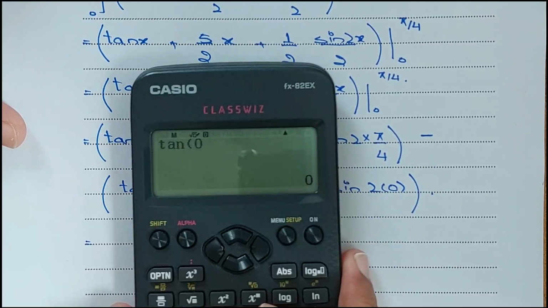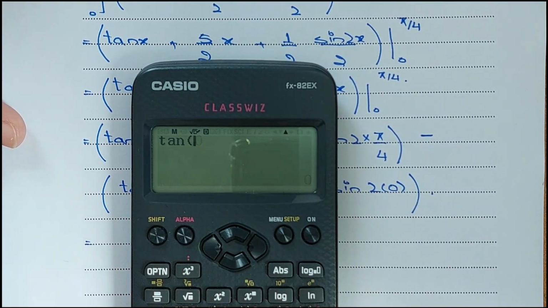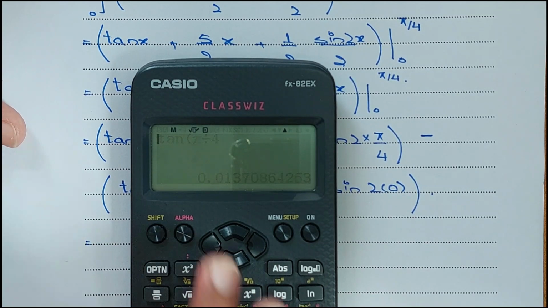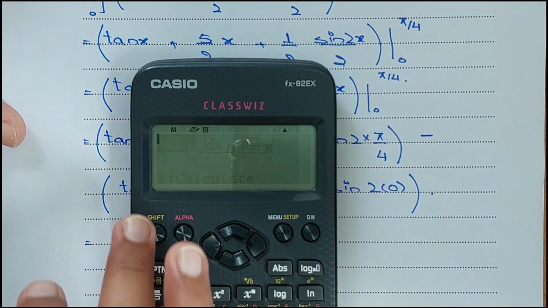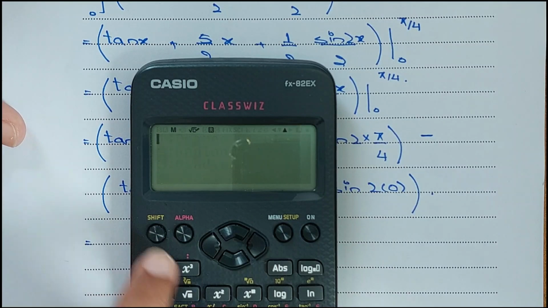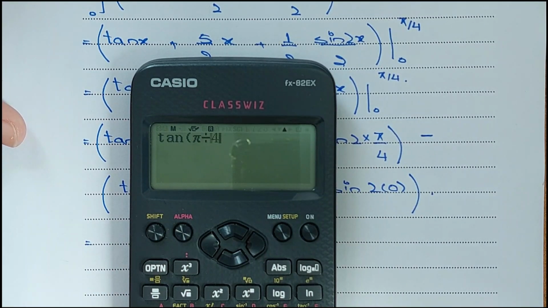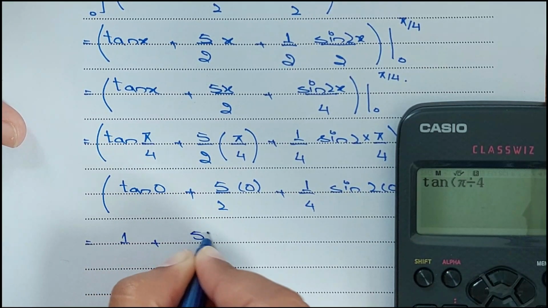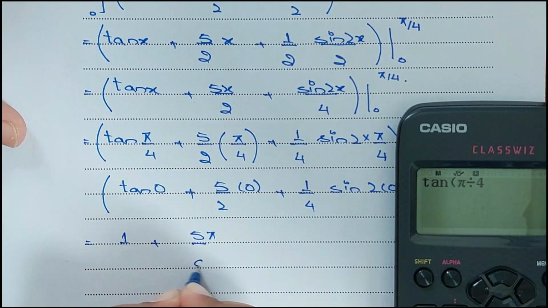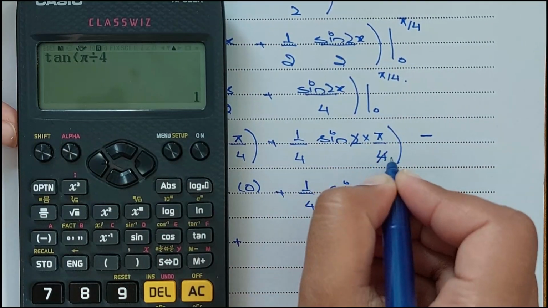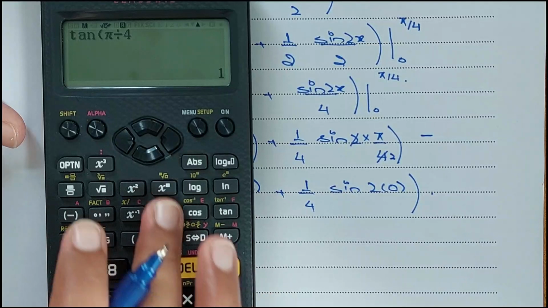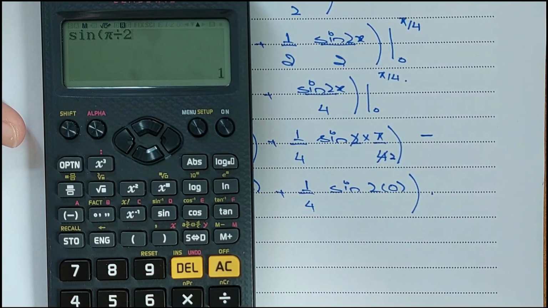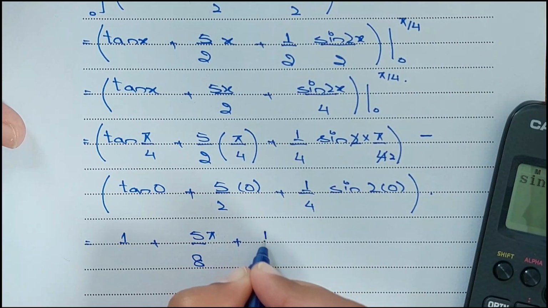Tan pi by 4 is 1. Tangent of 45 degrees is pi by 4, we are doing this in radians. Yes, tangent pi by 4 is 1 plus 5 pi over 2 times 4 is 8, plus 2 times pi by 4 is pi by 2, sine pi by 2 is 1, so 1 by 4.